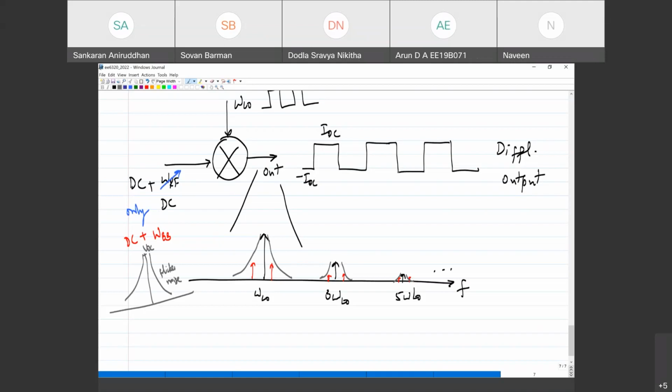I'm going to have one more class, most likely next week, where I explain noise in active mixers and in general how to handle noise in these types of switching systems, specifically noise of the switching device. I think the other stuff is easy to handle. Similarly, passive mixers, I think, specific points. There was a question about the noise in the passive mixer. I'll handle that as well, right? So those two things I'll handle in maybe one class next week.